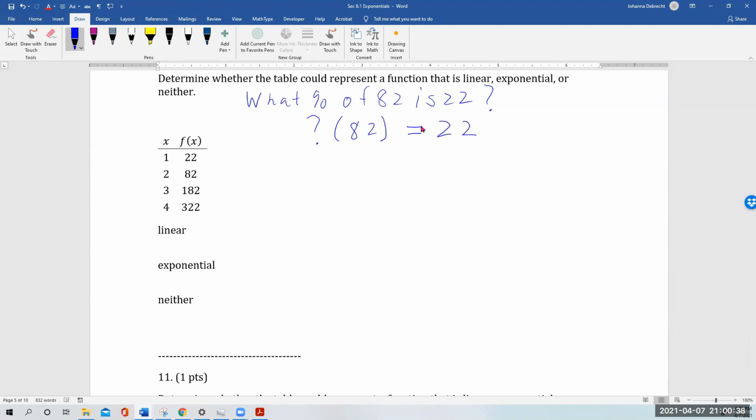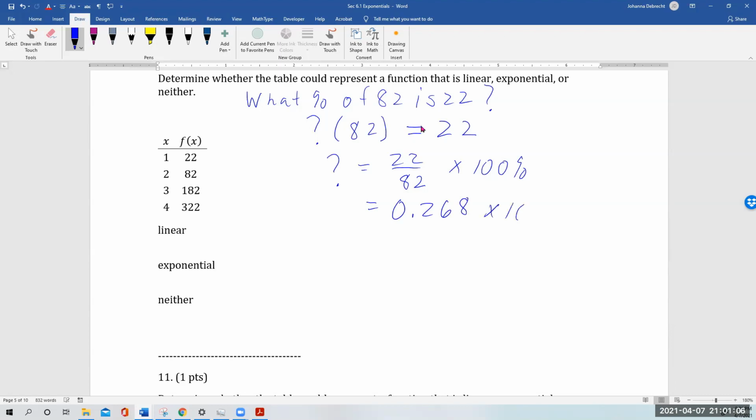To find the percentage, what we need to do is divide 22 by 82, and then to get a percent, we'll multiply it by 100%. The number that we get when we take 22 and divide by 82 is 11 out of 41, which is the same as 0.268, roughly.